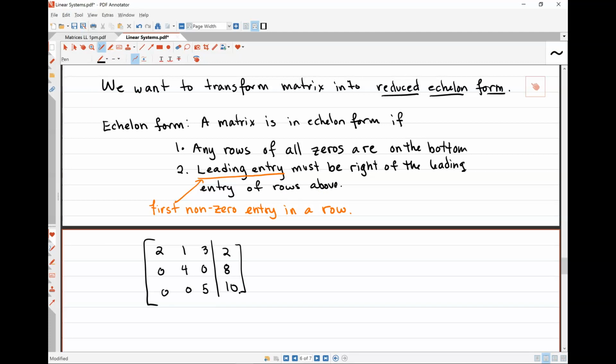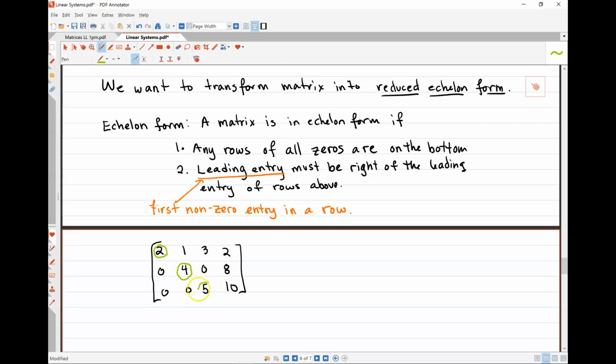Okay, so this matrix is in echelon form. It's an augmented matrix for a linear system, but we don't necessarily have to be talking about linear systems. We could just look at this. It's in echelon form already. So there aren't any rows of all zeros, so we don't have to worry about that first rule. And now I'm just going to look at the leading entry of each one of these rows.